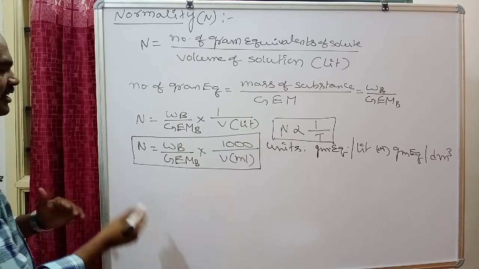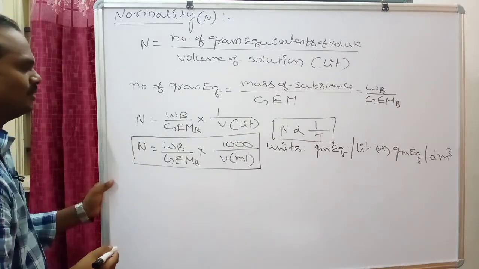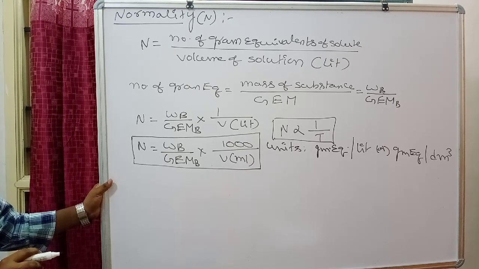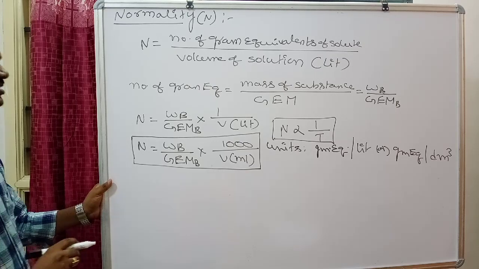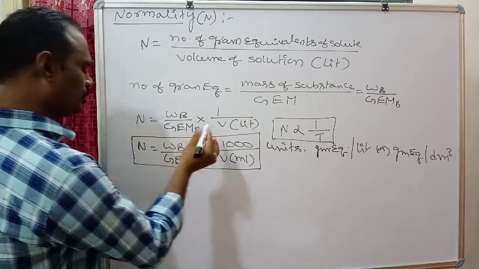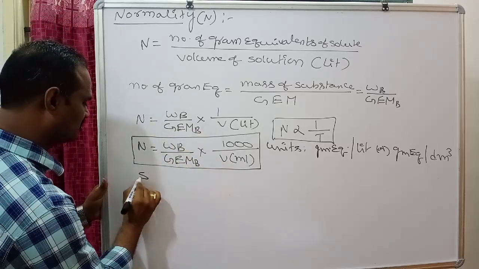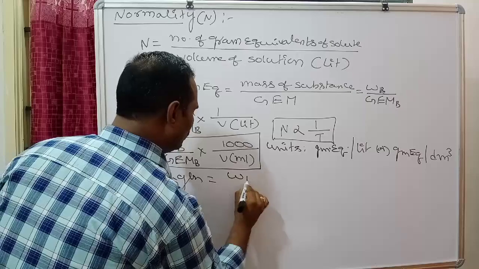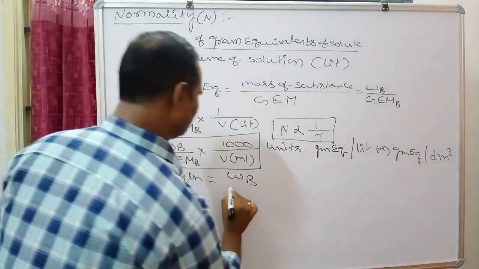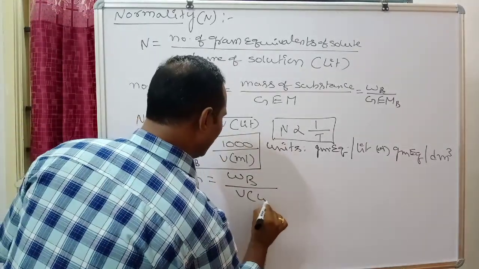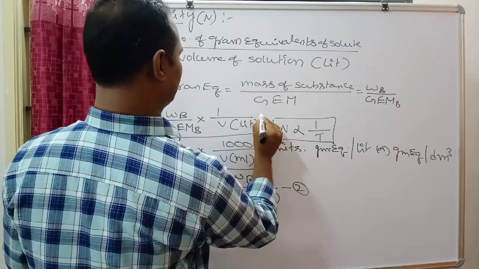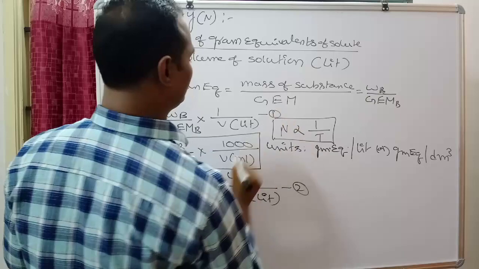Now strength we can apply. Strength, as you already know, is the mass of solute present in 1 liter of solution. Strength is equal to WB by volume of solution in liters. This is equation 1.